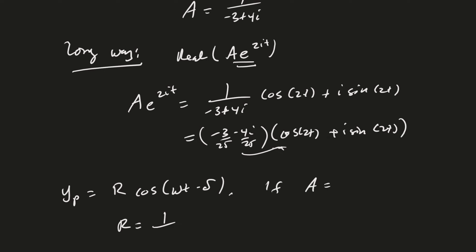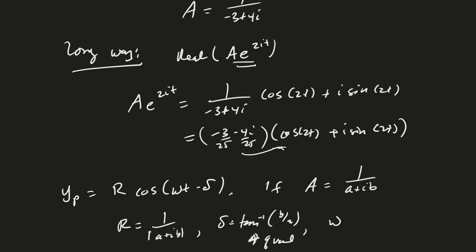If a is equal to 1 over a plus ib, I'll write it that way, then our r is equal to 1 over the absolute value of a plus ib, and then our delta is the inverse tangent of b over a, and that's the 4-quadrant inverse. So I may have to add pi if necessary, and then the omega just comes from the original problem.